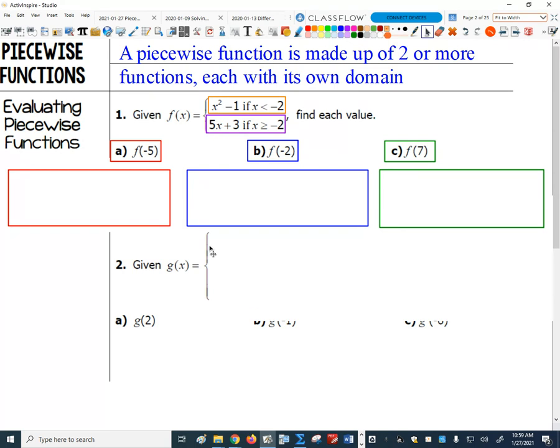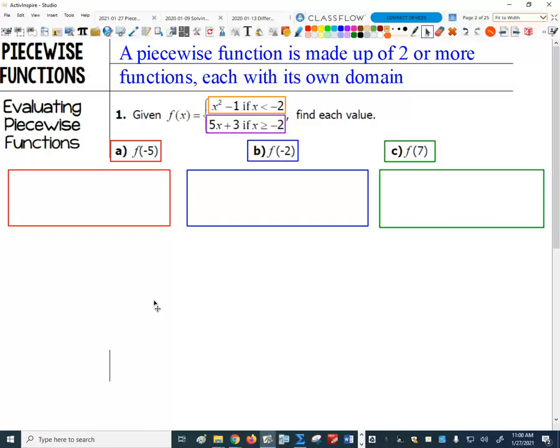It means we've got to have room for multiple rows in our function. This top function only has 2 rows, the orange row and the purple row, so that's a 2-piece piecewise function. Example 2 has 3 rows, so it's a 3-piece piecewise function, with 3 individual pieces.